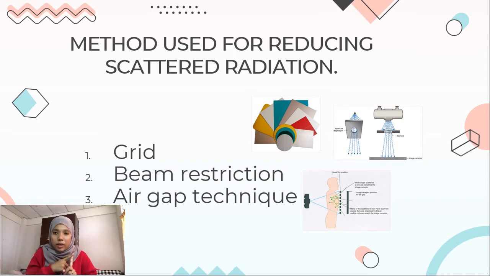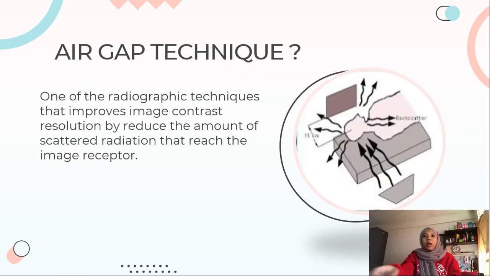First is the grid. Grids have many sizes, so we have to pick the best size that fits our cassette. Second is beam restriction. In beam restriction we use a beam collimator, cones, or cylinder. Then the third method is the air gap technique.